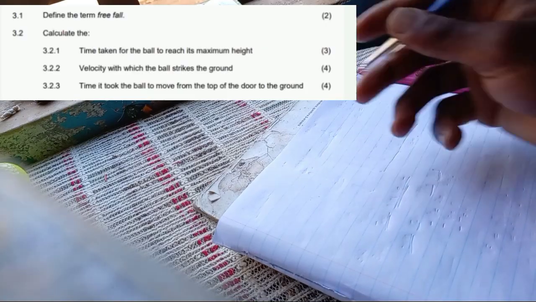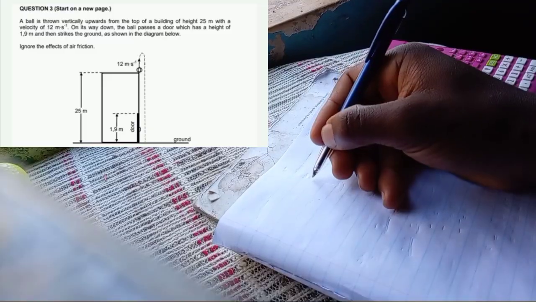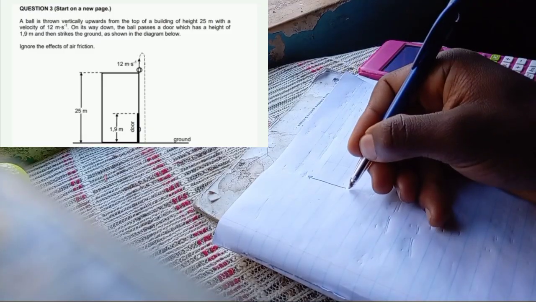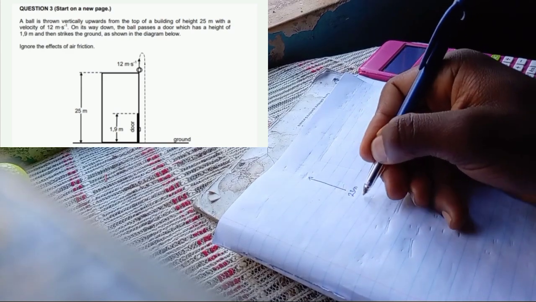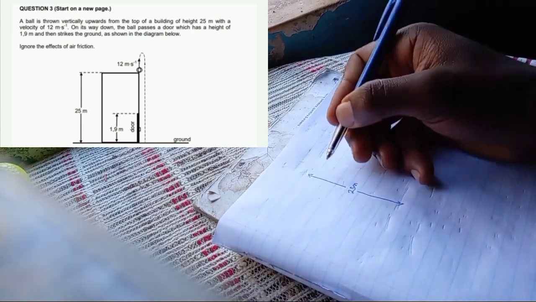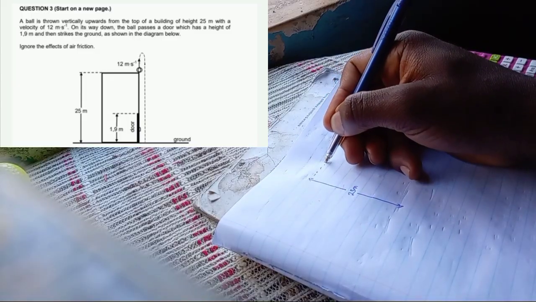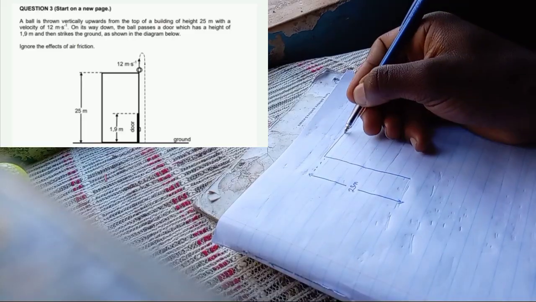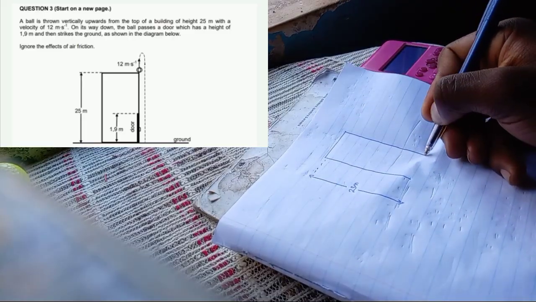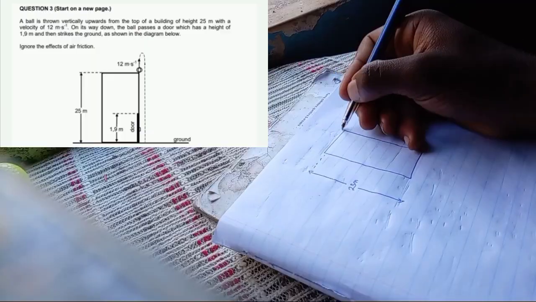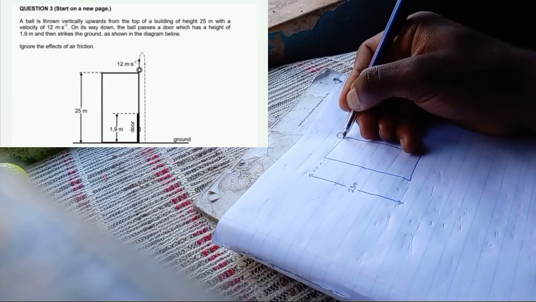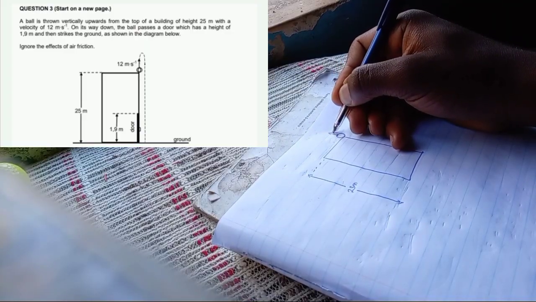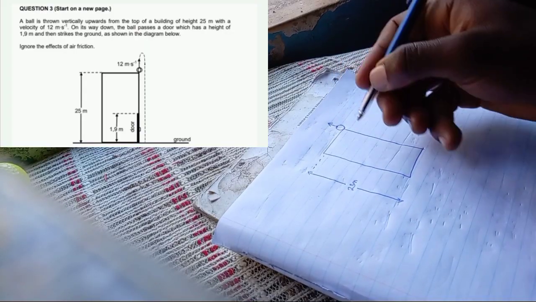Before we calculate time, let me just draw this diagram for you to make it easier to understand. So we have this height, 25 meters, and this is the building they're talking about. Here there is a ball which is pointing vertically upwards.